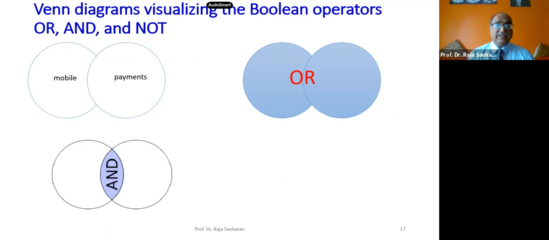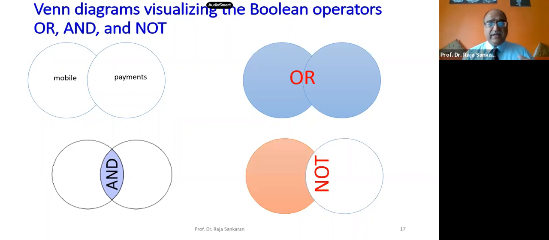Now, as I said, the logic it uses to search would typically depend on the publishers and the search condition. If you want to make sure it is exactly the phrase, that means mobile followed by payments, not payments followed by mobile, you need to use double quotes.